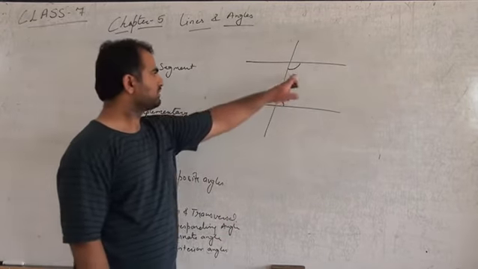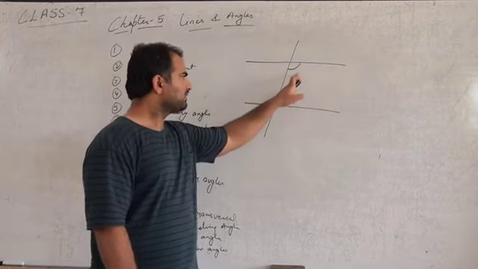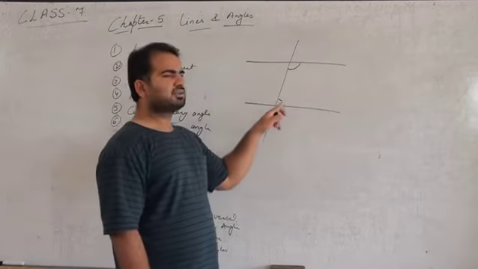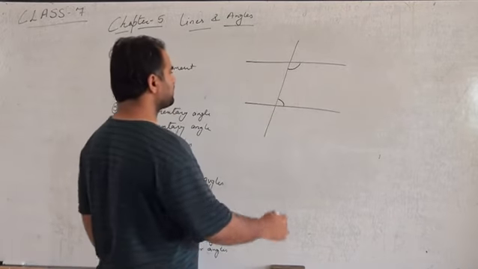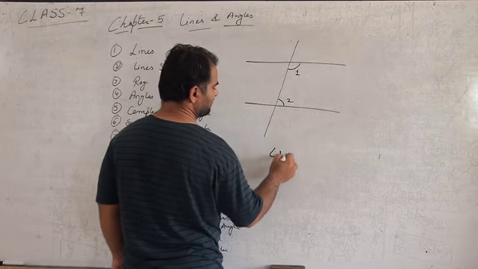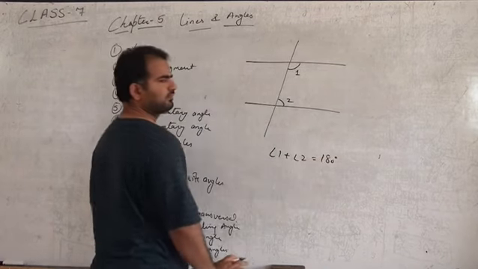Okay? Both of these angles are not equal. They both are supplementary angles. So what we got to know is that angle 1 and angle 2 must form 180 degrees.